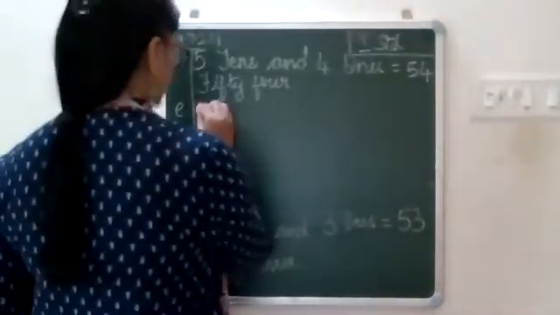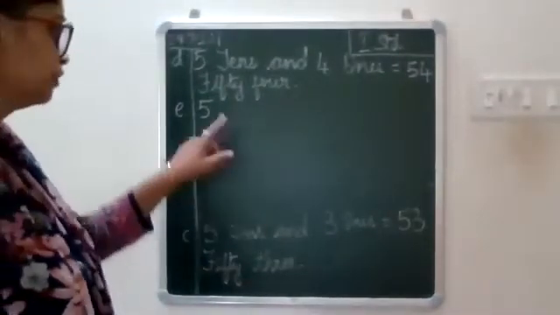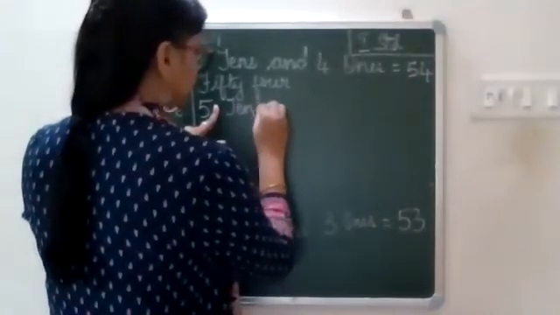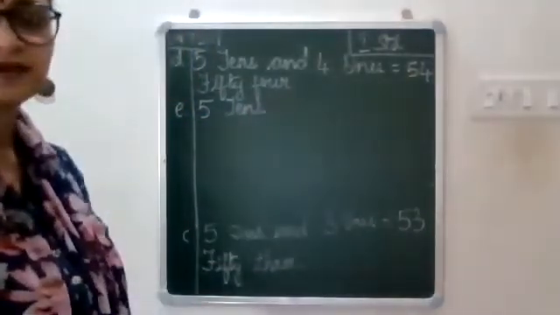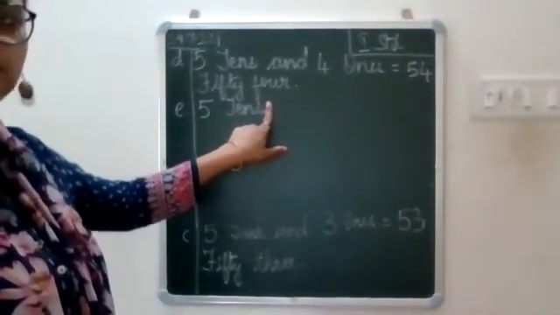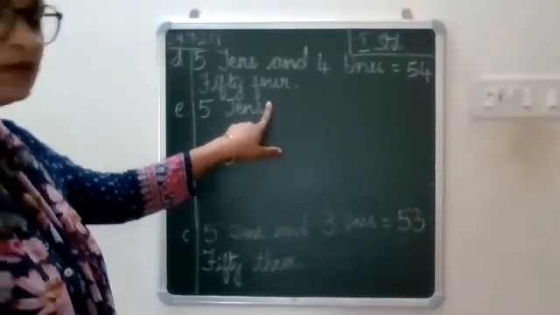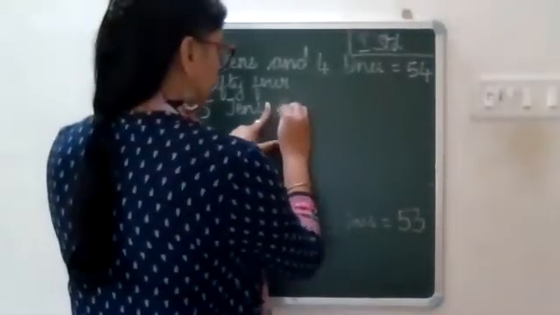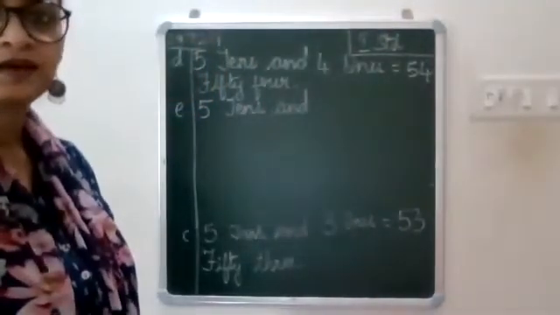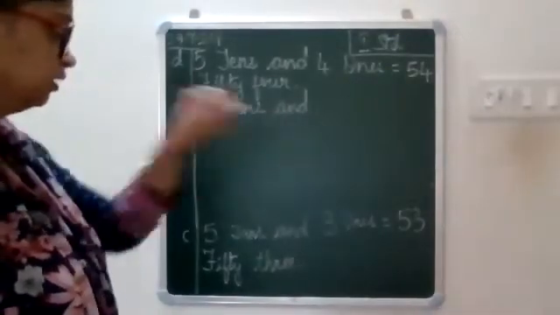Now write down the number 5. Leave a finger space, write down capital TENS, 5 tens. Leave a finger space, write down AND.